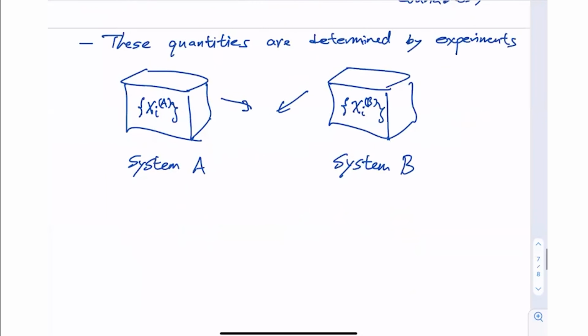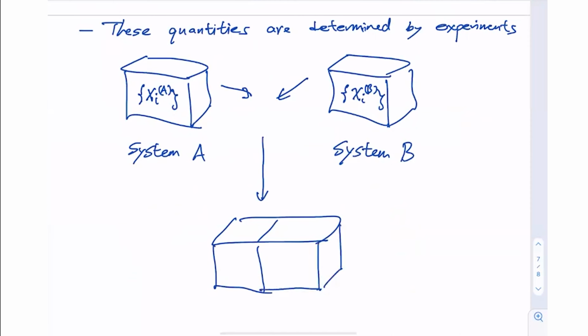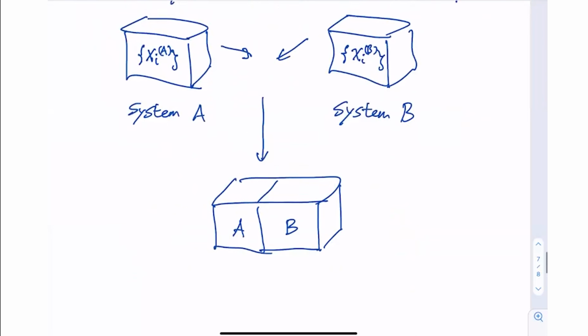Once they are put into contact, eventually they will be described by another set of thermodynamic variables. But now they will reach equilibrium, which means that those variables will become constant in time. Okay, that's basically the operation that you are allowed to do in thermodynamics.